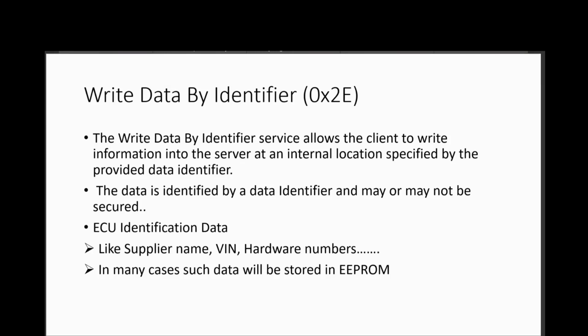For example, suppose you want to write a VIN number and the DID for the VIN number is 1234. The same DID can be used for read data by identifier as well.